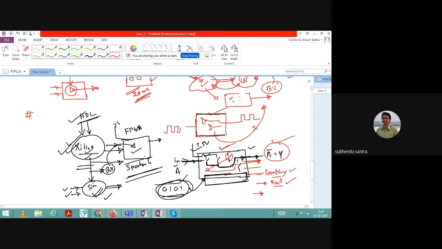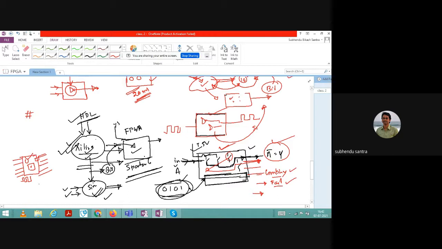If you see, the chip size is very small. So in a small board you can do a lot of tasks. In a small board, the only things are the oscillator, because definitely there is a clock frequency, one power supply unit, and then this chip, an FPGA Xilinx Spartan 6 or Spartan 3 chip, and out of that only input output pins. A lot of input output pins are there.